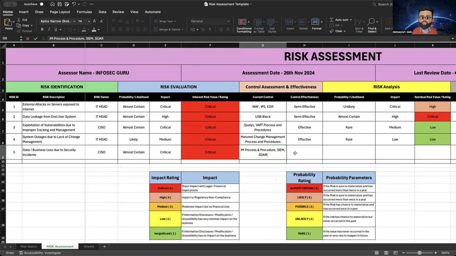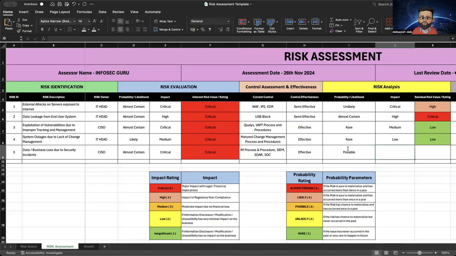So this is again, I would say, quite effective. But still there is a chance of getting incidents because not all the incidents can be monitored by SIEM, SOAR, and SOC team. So I have just forgot to mention SOC team. But still there is a chance. So I will write possible here.